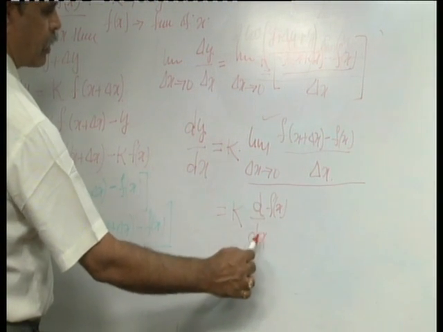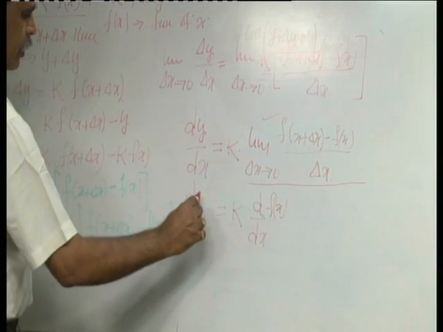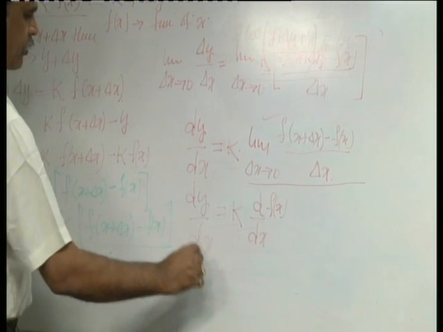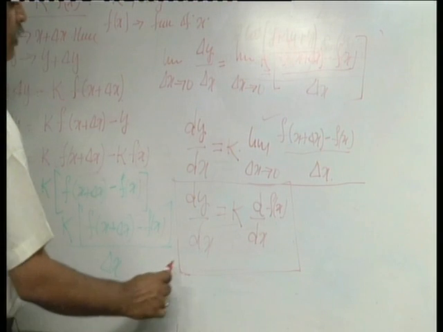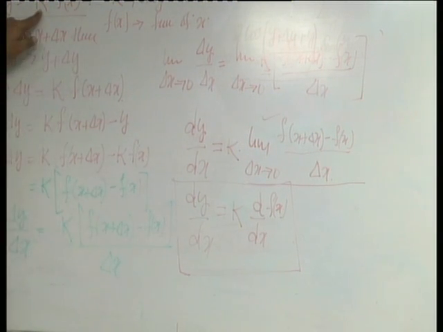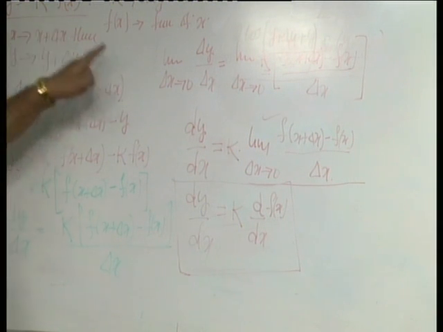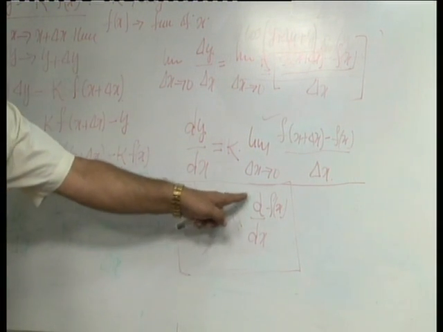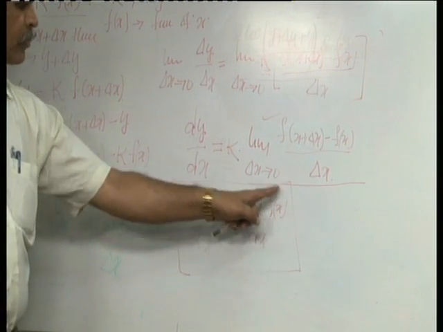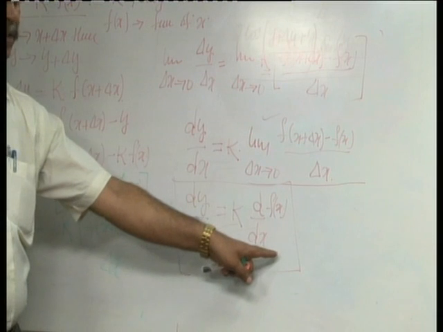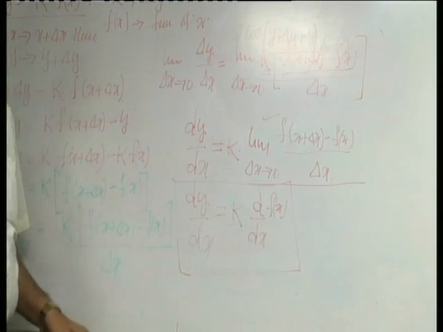Using the first principle method, you can get the answer as differentiation of constant into function can be taken as constant into d by dx of function. So, based on this rule, I will show few slide examples on this.